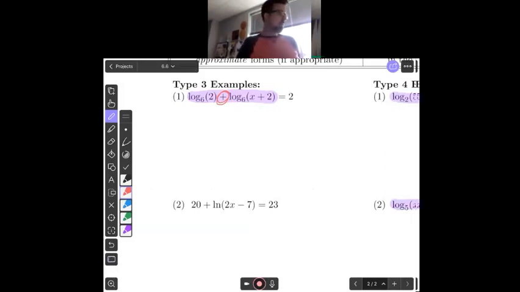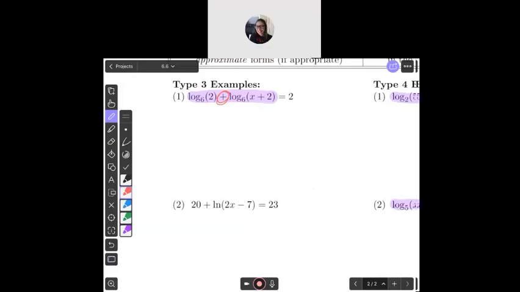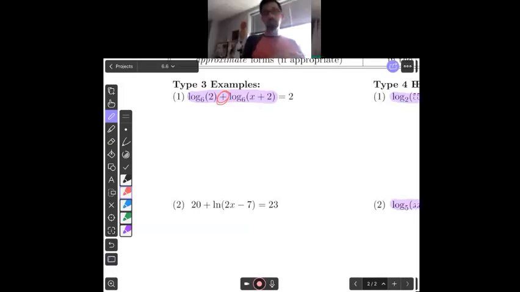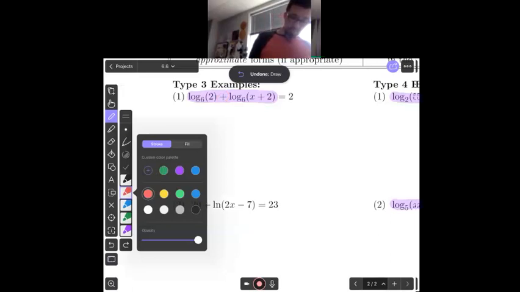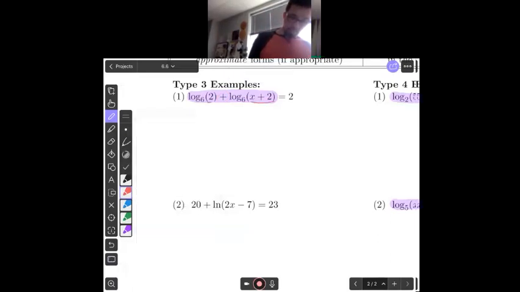What log property? What do we use? Is it the product rule? Okay. So what's that mean it came from then? The addition came from what? Multiplication, right? So that means we need to take those arguments and we need to multiply them.